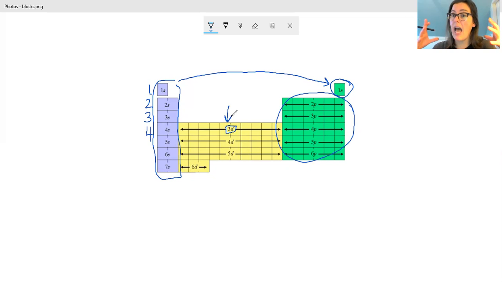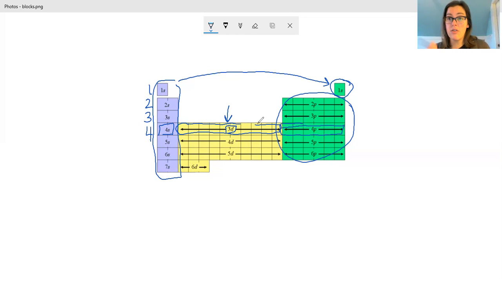And then once the S is filled in the outer or valence energy level, they'll go in and start adding electrons to the D in the inner sublevel just below that. And then once the D sublevel is filled, they pop back out to fill out the valence energy level. So for example, if we look at the fourth energy level or the fourth period, we fill up the 4s, then we fill up the 3D before we go and we fill up the 4p.